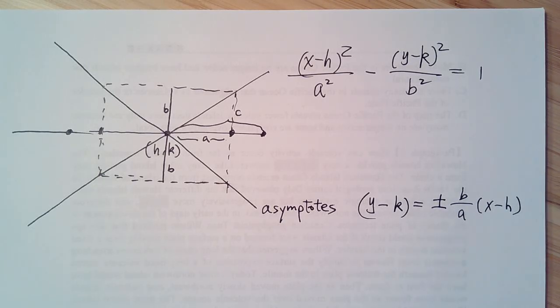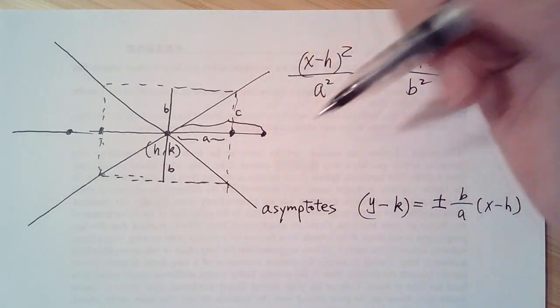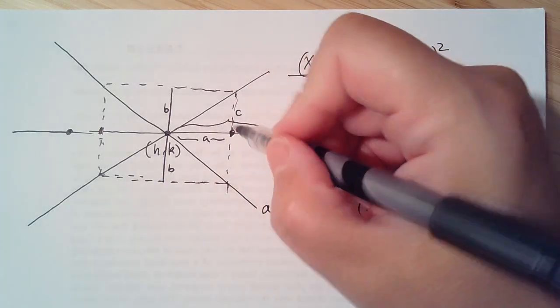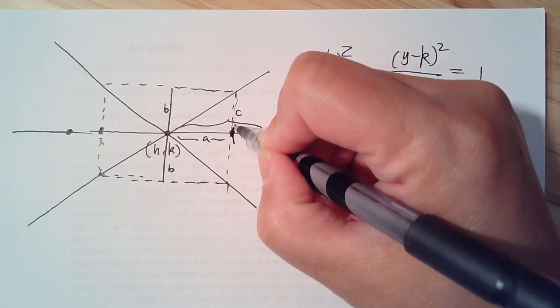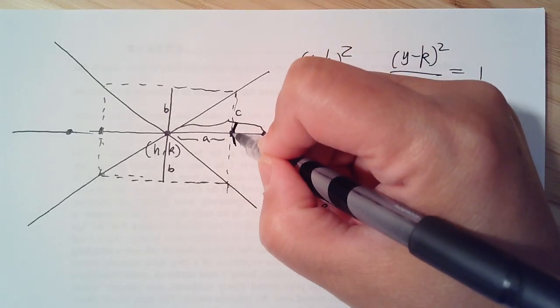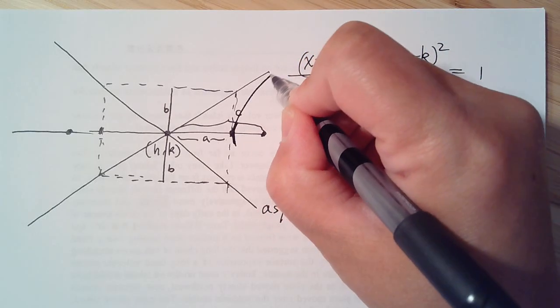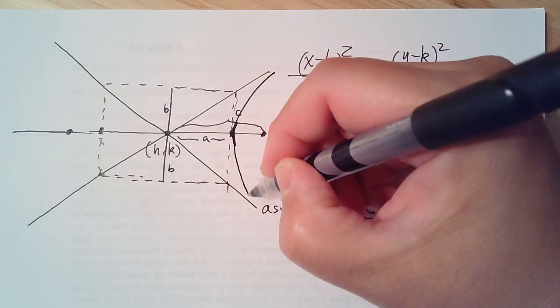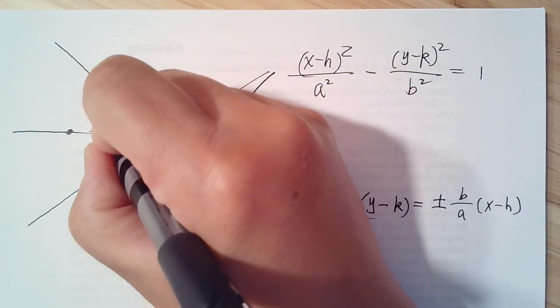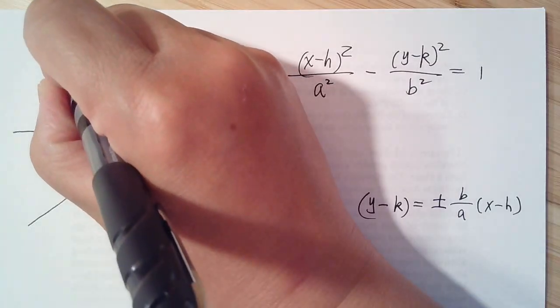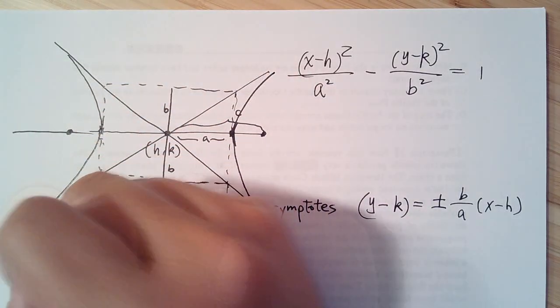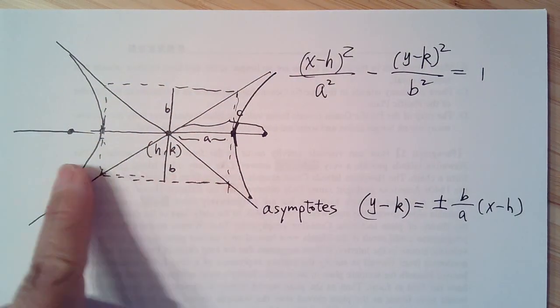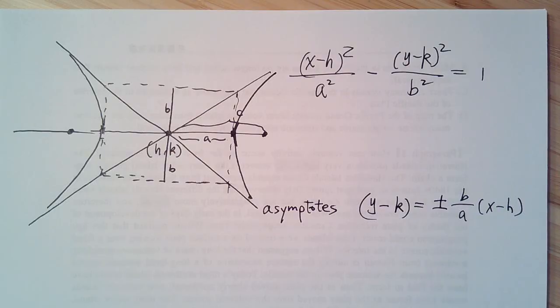Once you know what a, b, and c are, you can just go ahead and find it. The graph will look like this: here is the vertex, and from this vertex you curve up and curve down. Then you get your hyperbola.